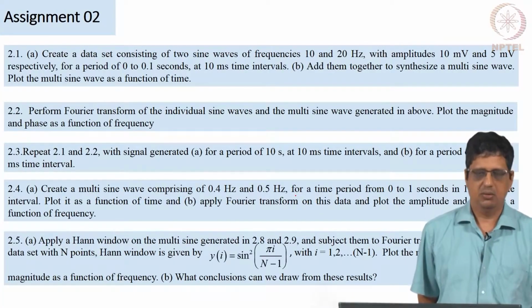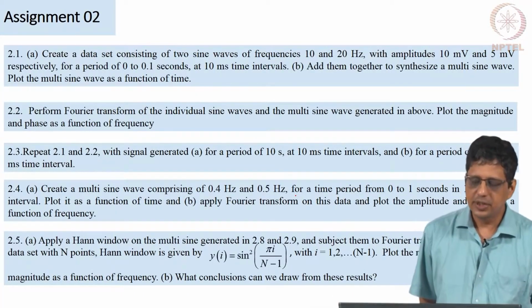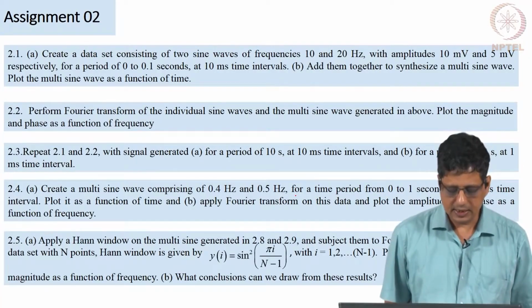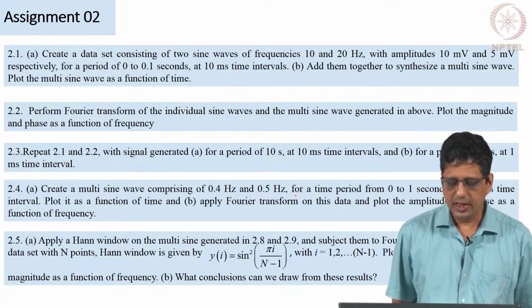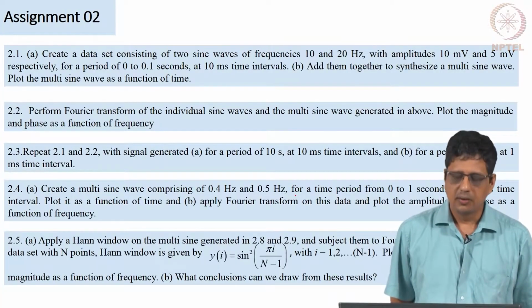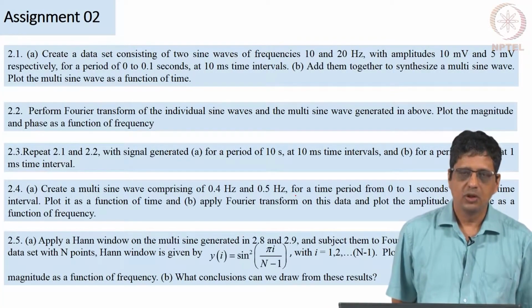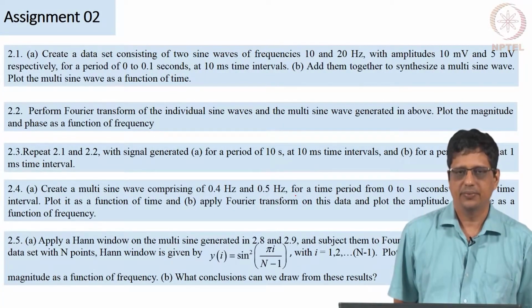In the third part, what I have asked you is to synthesize data for a longer period, that is 10 seconds, with the same time interval. So, it is the same time interval, but I have changed the total duration.